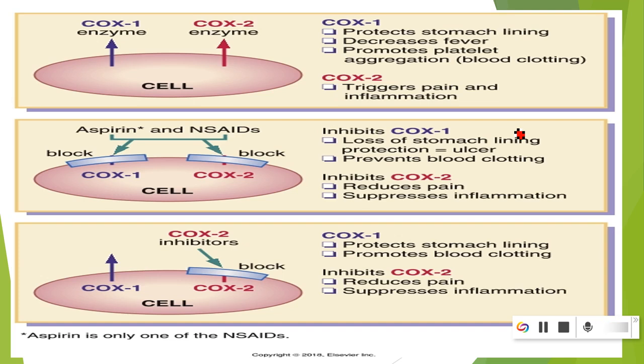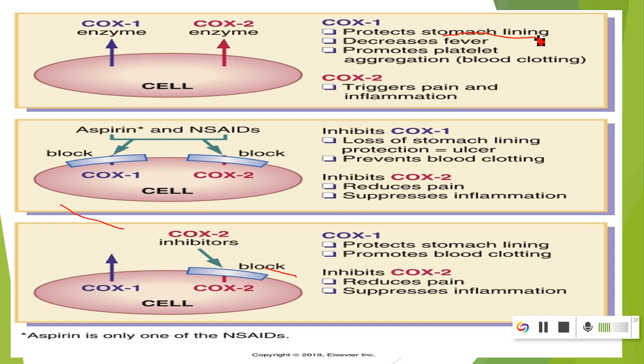COX-1 protects the stomach lining, as you can see here. So the mucosa, the gastric mucosa. That's why you might have heard sometimes when patients are on aspirin for a long period of time, what does it result in? Gastric erosion or bleeding. This particular figure explains it very well.